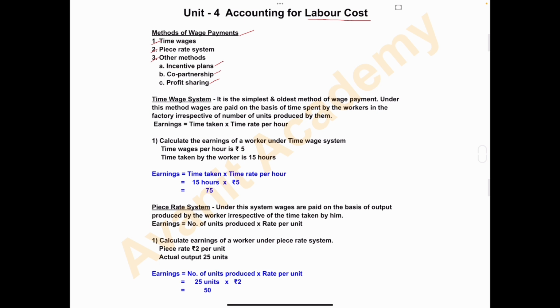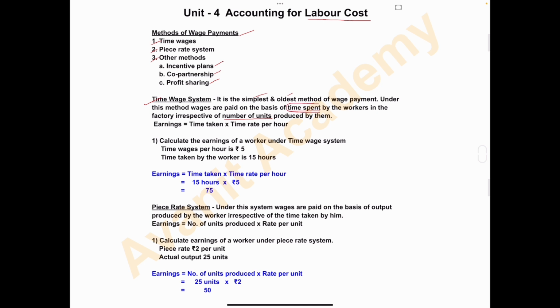Let's start with the time wage system or time rate system. It is the simplest and the oldest method of wage payment. Under this method, wages are paid on the basis of time spent by the worker in the factory, irrespective of the number of units produced by them.